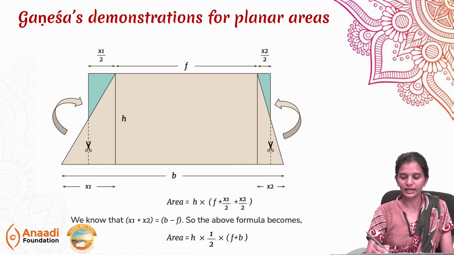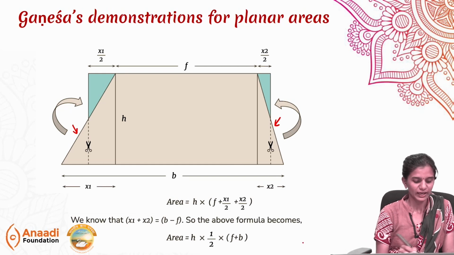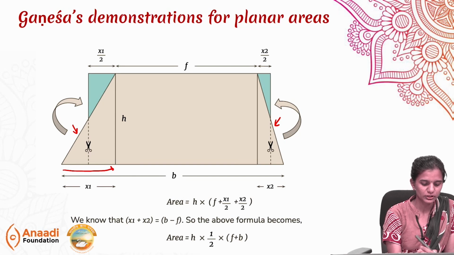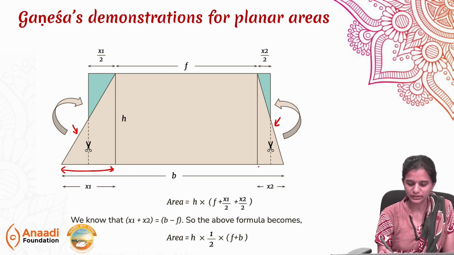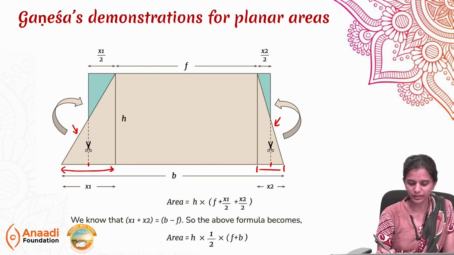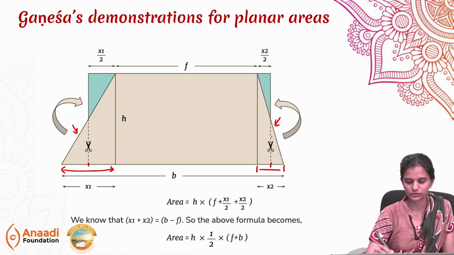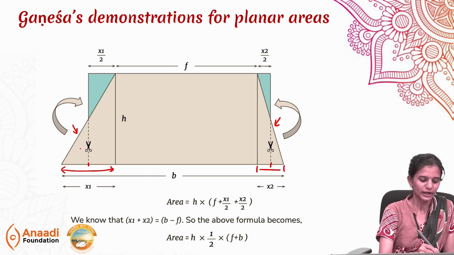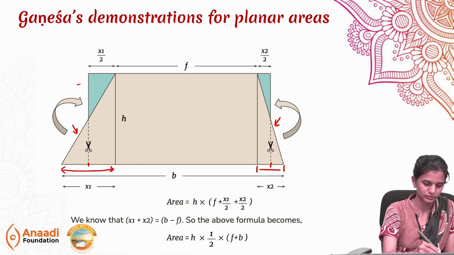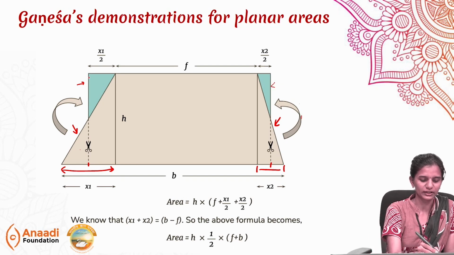Now, take these two triangle components. Let this be x1 and this be x2. Now, find its midpoint and cut it along it like this. Now, take this here and take this part here. Now, we get a rectangle.